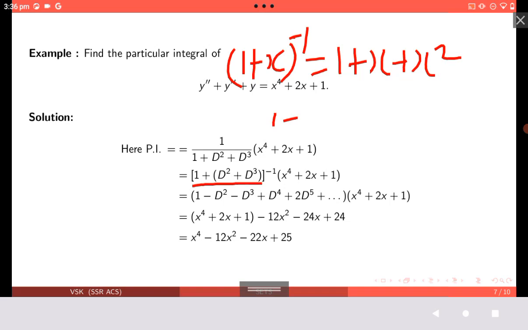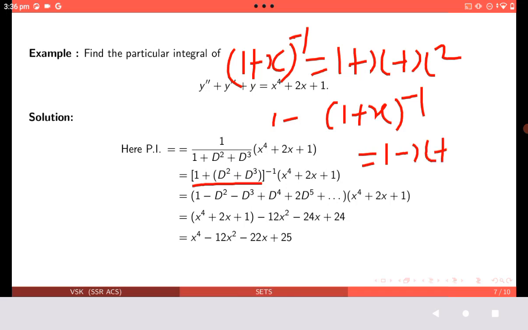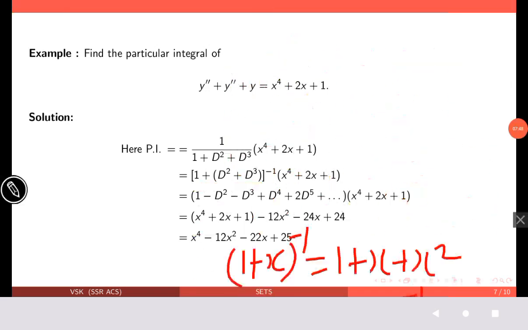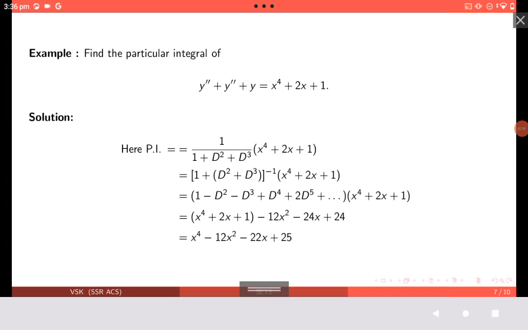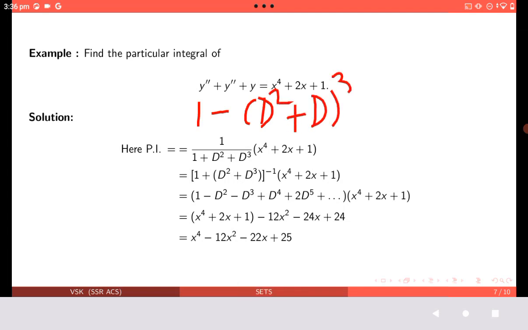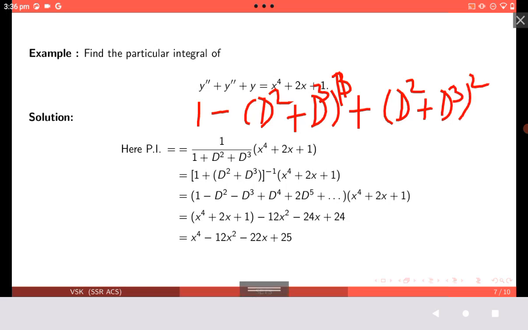So 1 plus x to the power minus 1 is 1 minus x plus x square and so on. Using this, the first expression will come 1 minus D plus D square minus D cube, and so on.